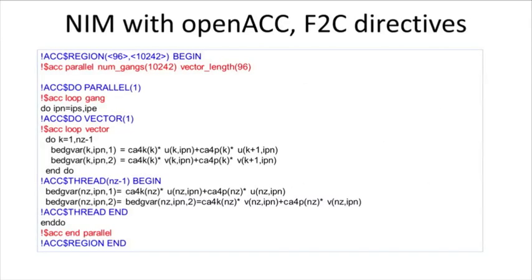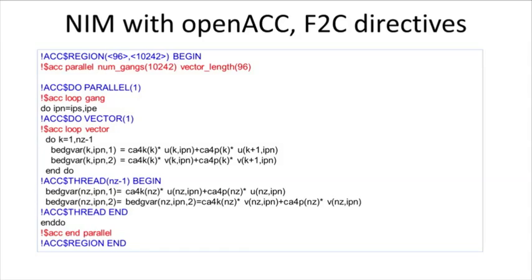All right, so this is an example of typical code. In blue are the F2C-ACC directives. In red are the OpenACC directives. They're quite similar in placement and meaning. In the ACC region or parallel, we are saying that we've got 96 vertical levels. This is the thread dimension, and 10,242 horizontal points.